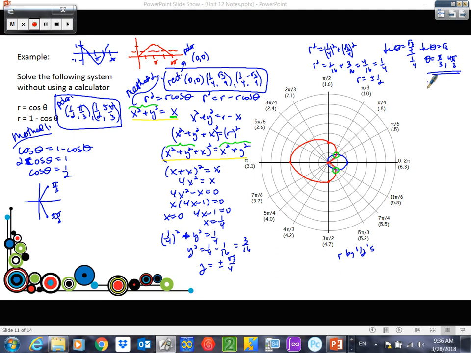So if I make this 1/2, pi over 3, which we know is one of the solutions, what if I made it negative 1/2, 4 pi over 3? Aren't these at the same spot? Right? So this is just a duplicate solution.